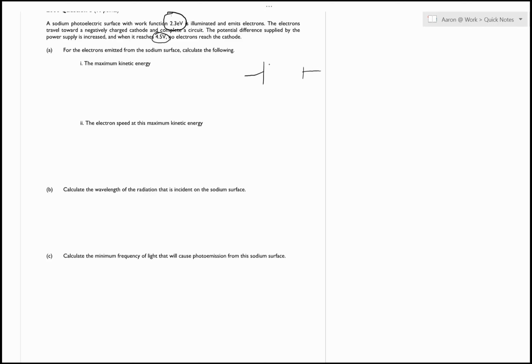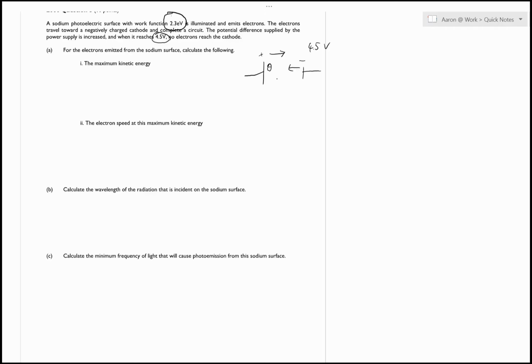Our electrons are here, they get a kinetic energy, they move in that direction, but this is negatively charged, and at 4.5 volts, there is enough potential difference that the negative charge, the repulsion here, overcomes the kinetic energy of the electrons. The way to think about this, the electrons have a certain amount of kinetic energy. They have to lose all of that energy in order to be pushed back.